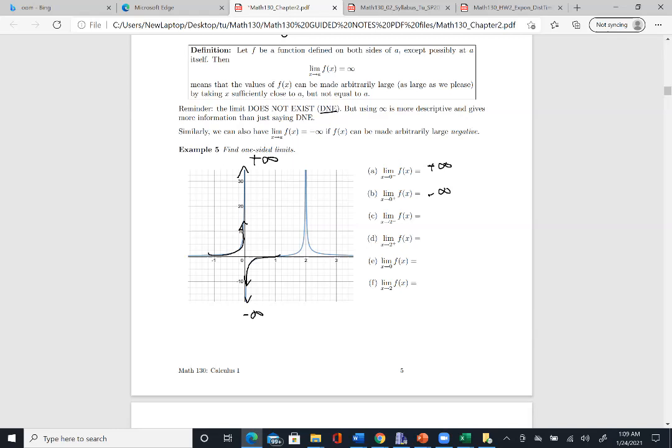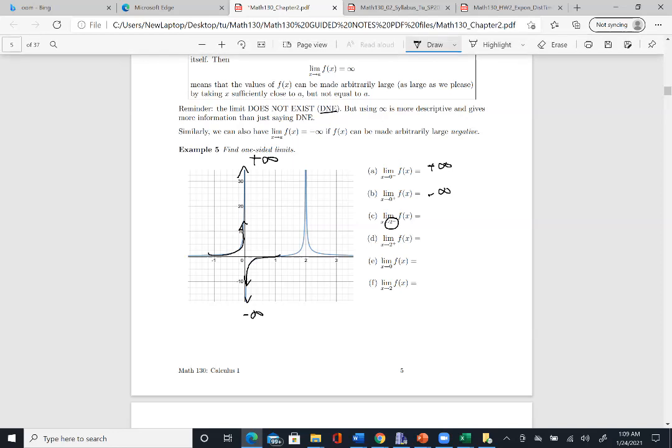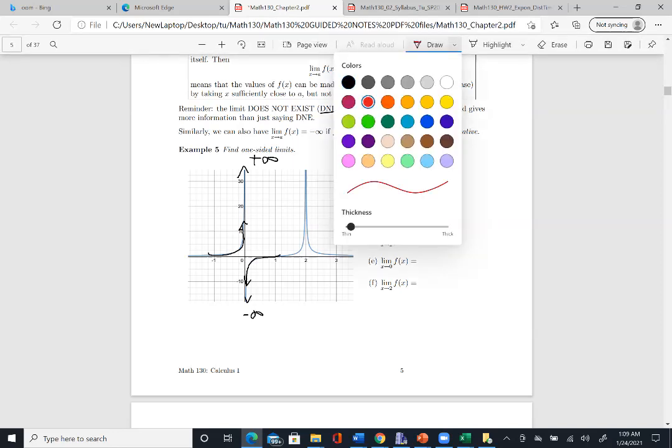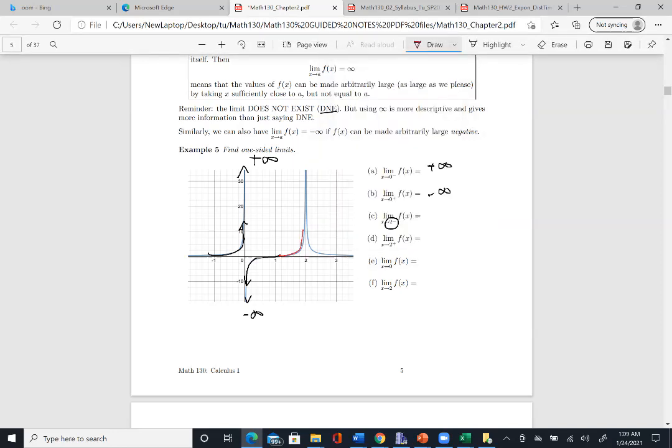At 2, you see that for x going to 2 from the left hand side, and let me use another color, it's just going up, right? You just see that until positive infinity. Similarly, from the right hand side to the 2 over here, it will also go to positive infinity.